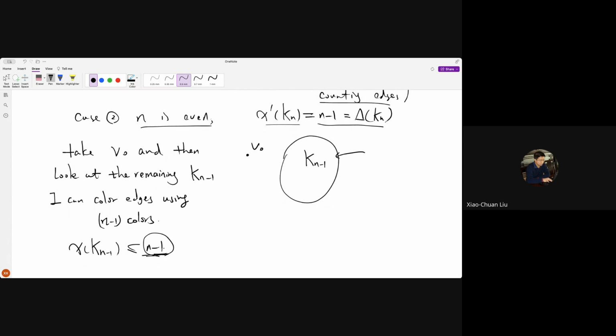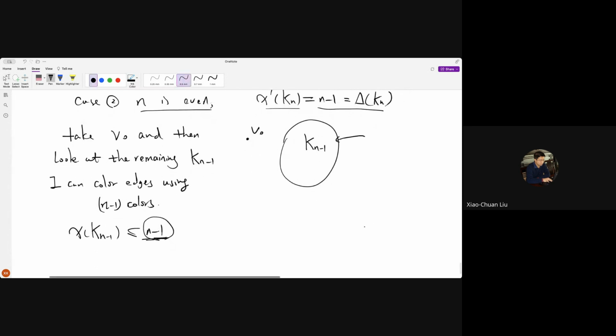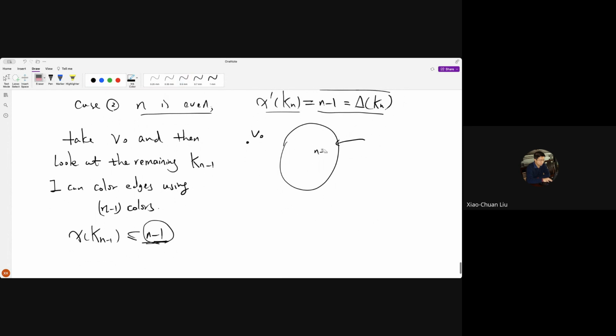Using n minus 1 colors is enough. And this is not very difficult because in Kn minus 1, for any vertex V, the degree of V is n minus 2. So using this coloring for this copy of Kn minus 1, I only used n minus 2 colors at V. Then I just assign this edge the missing color.